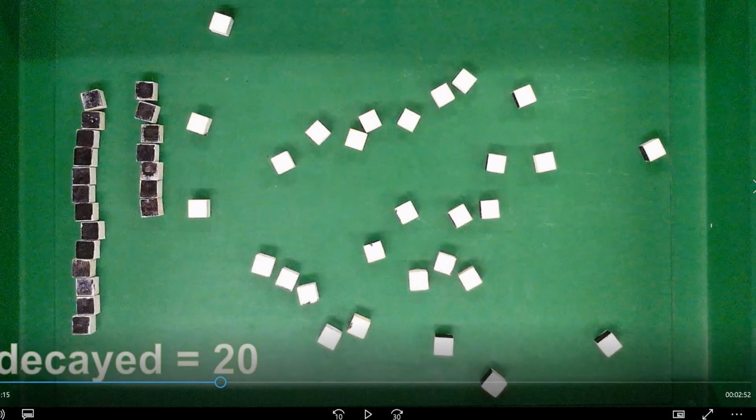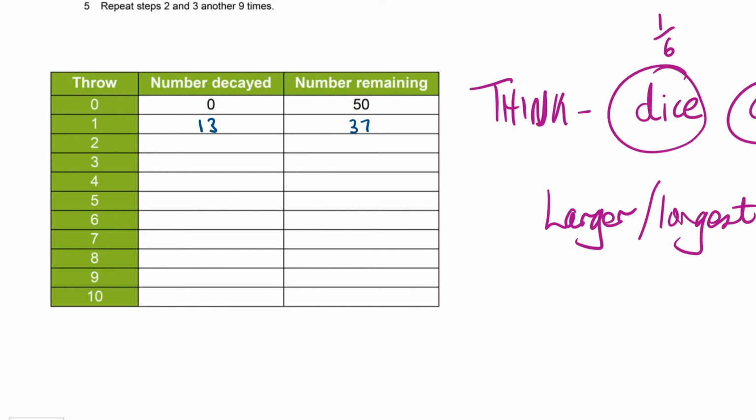Okay, here you can see then we've got another 7 that have decayed, so the total of 20 have decayed. Let's add that now to our table.